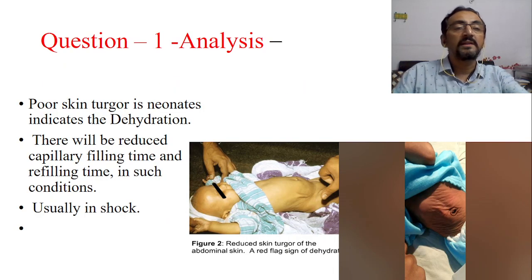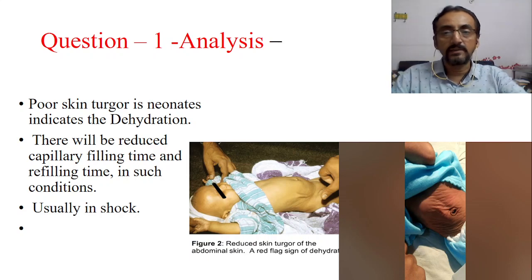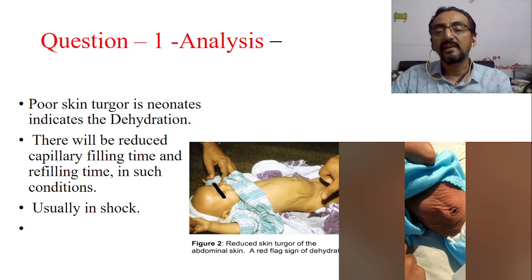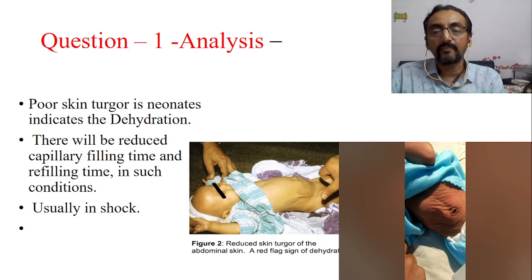poor skin turgor in the neonates indicates dehydration, no doubt, and there will be reduced capillary refilling time in such conditions. Okay, so you can see in the pictures, the skin elasticity is lost. Poor skin turgor is there.